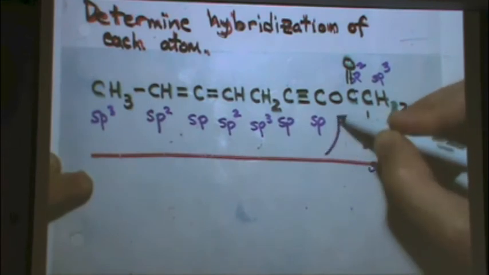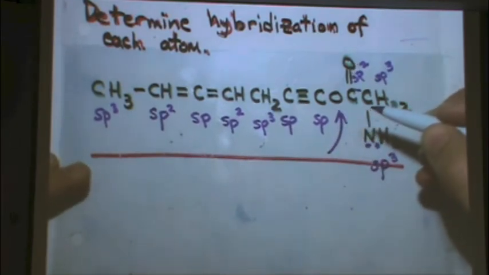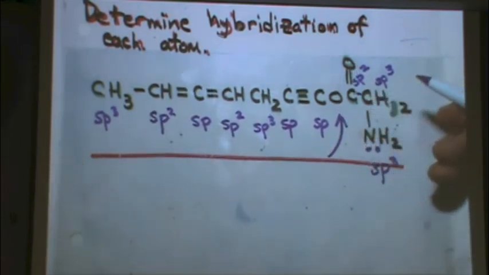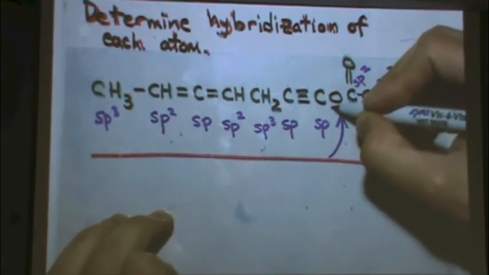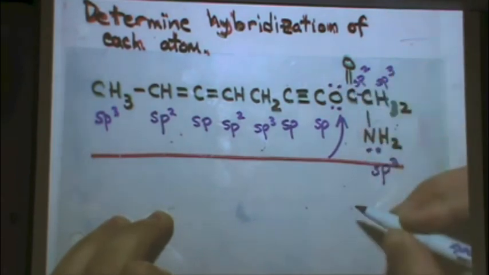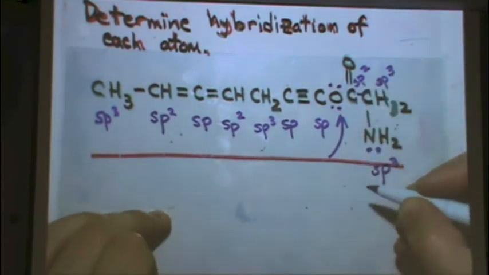Okay, how about this oxygen right there? How many groups? Think along the same lines. 4 groups. There's a single bond to carbon on its left, a single bond to carbon on its right. That's 2, and the other 2 are lone pairs. Because to have a 0 formal charge, we need 2 lone pairs on any oxygen.